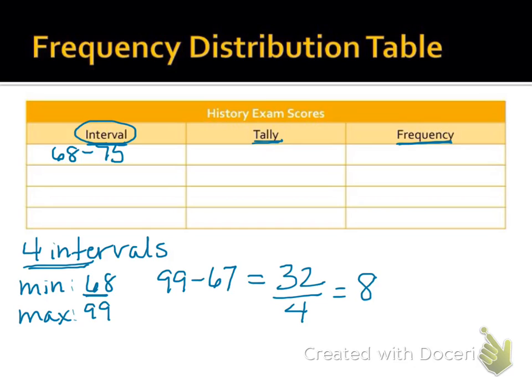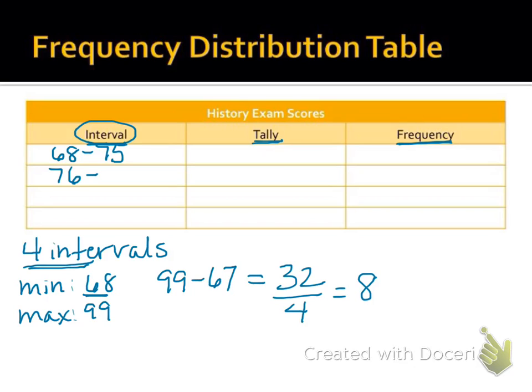So my first interval is going to go from 68 to 75. Okay? My next interval then picks up where that one left off. So I don't want to start with 75 because I don't want two different places where I could mark a score of 75. So I start with 76.